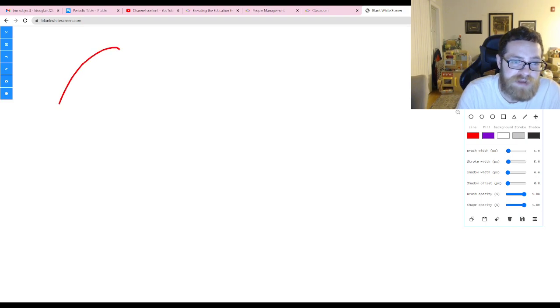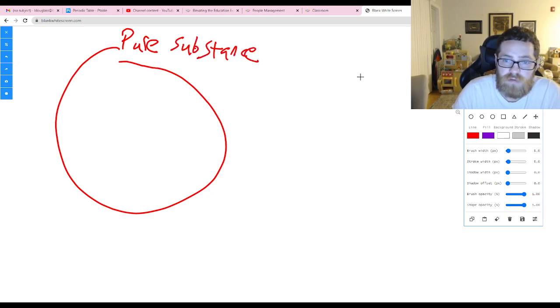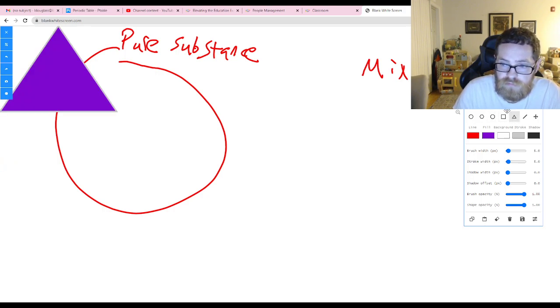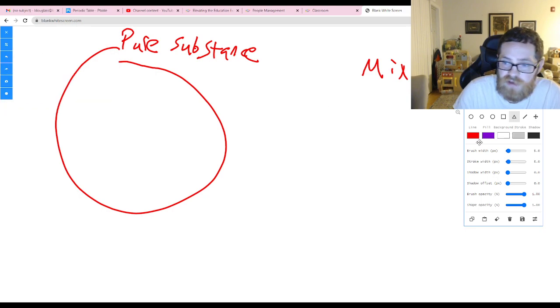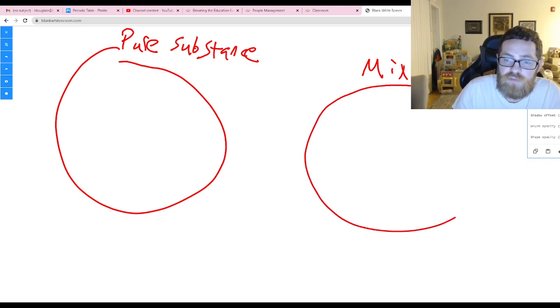If we were to make a Venn diagram of pure substance versus mixture, don't need a triangle. Right, these are distinct. These would be completely separate.